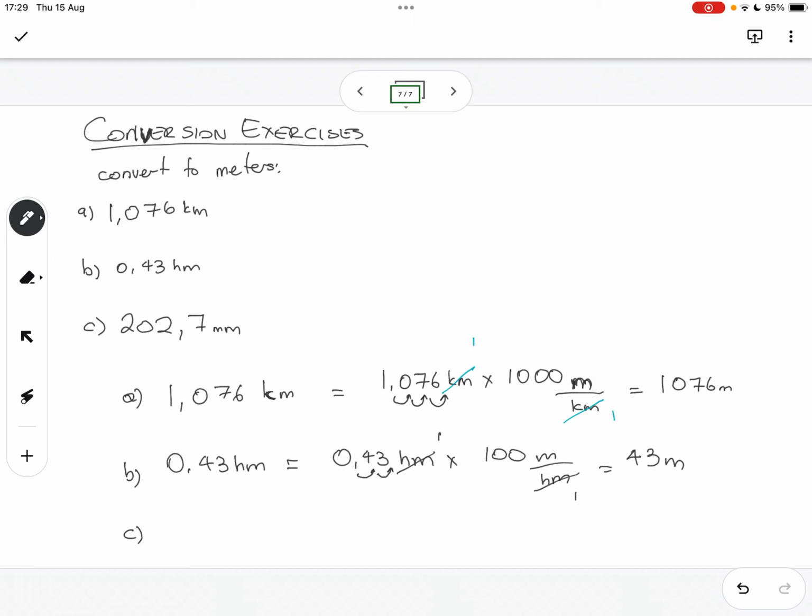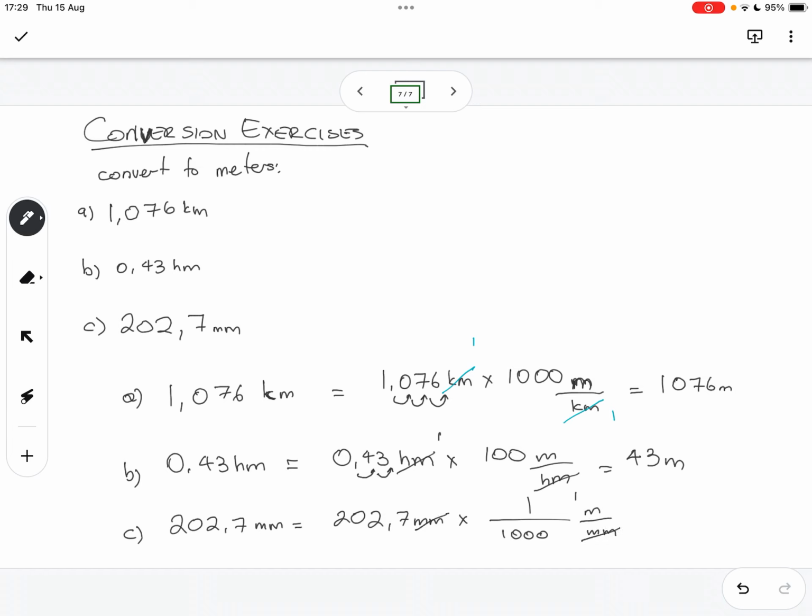Now the third one, 202.7 millimeters, and that would equal 202.7 millimeters times 1/1,000 meters per millimeter.